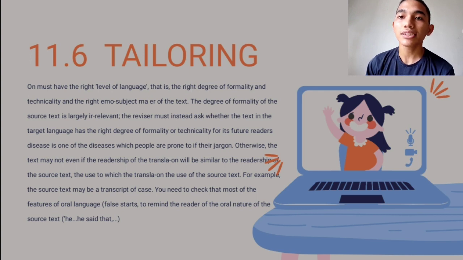The degree of formality of the source text is largely relevant. The reviser must establish whether the text in the target language has the right degree of formality and technicality for its future readers.